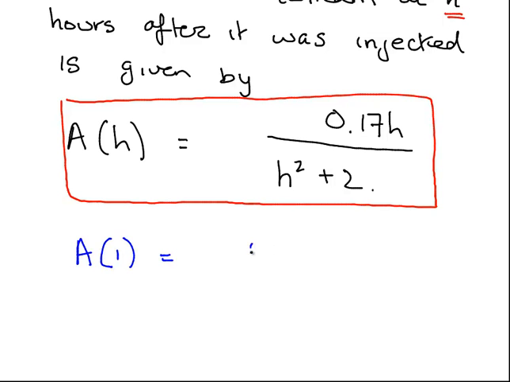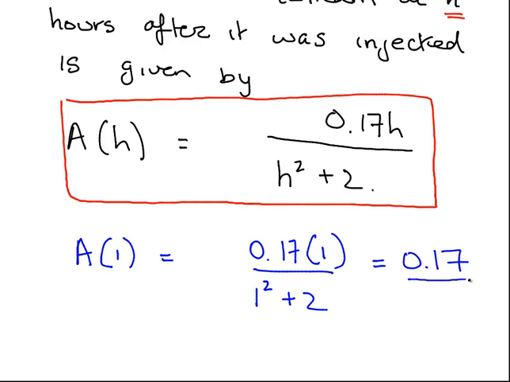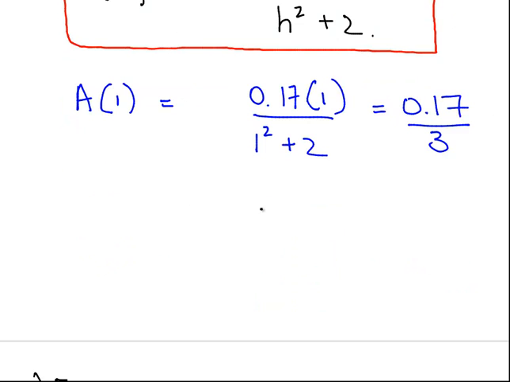That would be 0.17 times 1 over 1 squared plus 2. That would be 0.17 over 3, and just divide that by 3 and you get 0.0566, something like that. That's just the general gist of it. So that's the concentration after 1 hour.